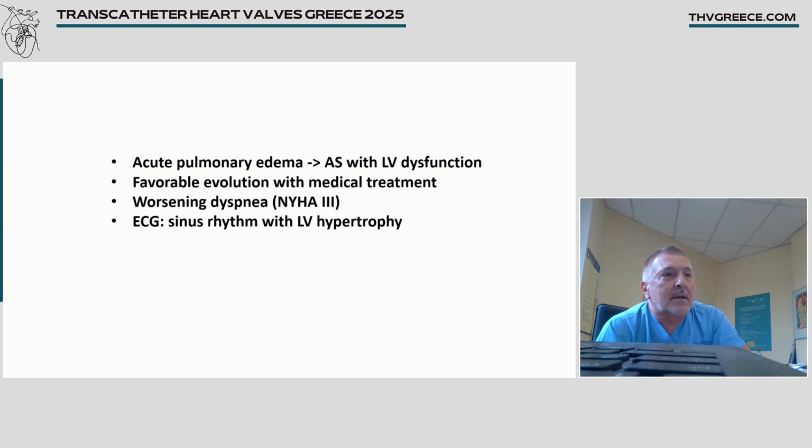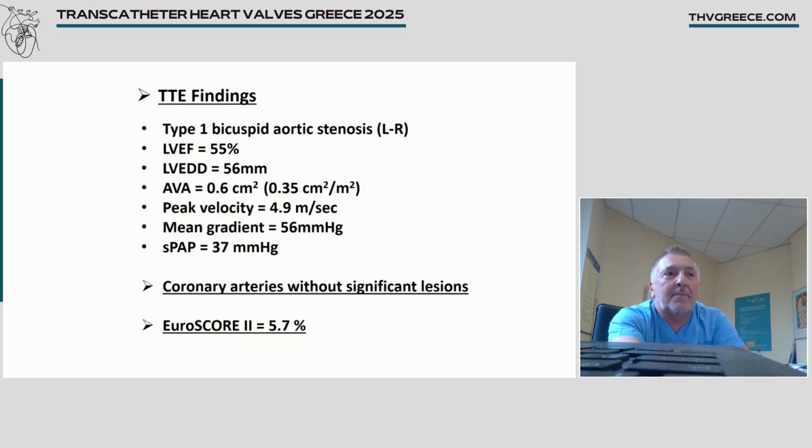His ECG was with a sinus rhythm and signs of left ventricle hypertrophy. The TE findings were that he had a left to right type 1 bicuspid aortic valve with a good ejection fraction. The left ventricle end diastolic diameter was 56 millimeters.